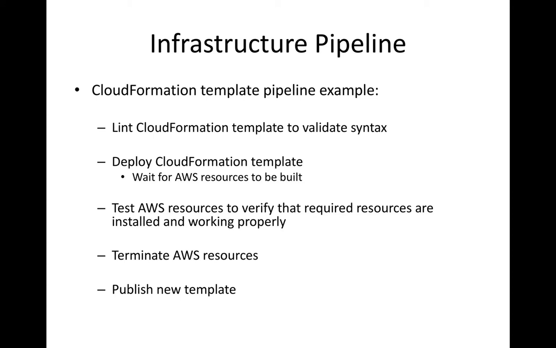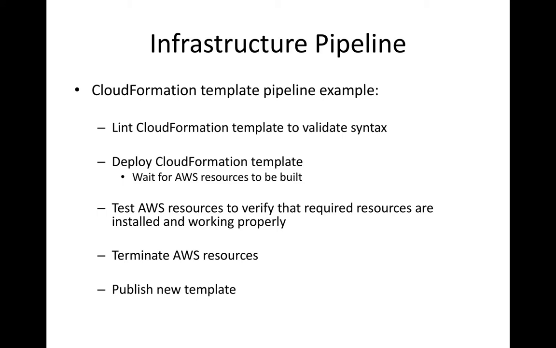Let me give you a brief outline of what an infrastructure pipeline might look like. And this is an infrastructure pipeline using CloudFormation. So let's say you've created a CloudFormation template. That template defines a stack of infrastructure resources.